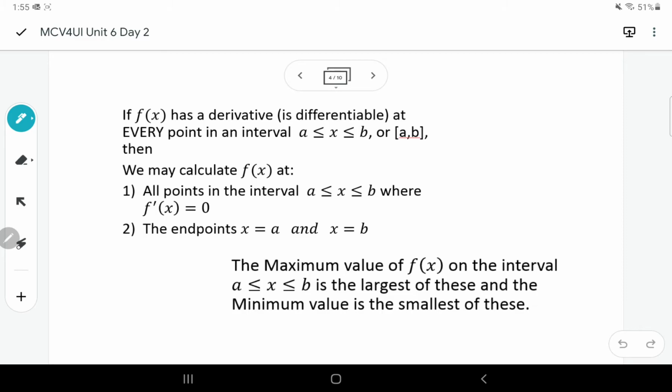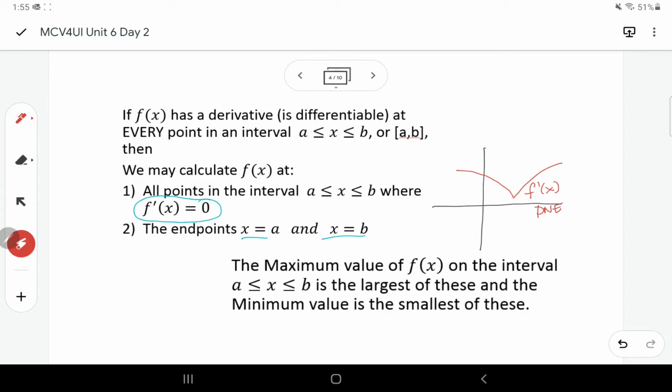So we know that the maximums and minimums can happen at turning points, and that would be where the derivative equals 0. But they can also happen at the endpoints of the interval. I'm also going to add that we're going to check points where the derivative does not exist. The common example we see of this is something where there's a cusp, and you can't find the derivative at pointy parts of your graph.